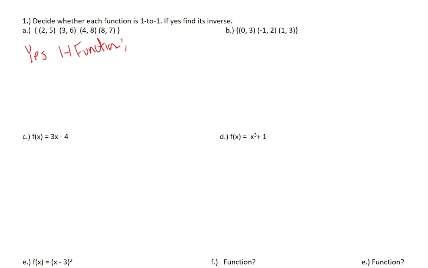To create an inverse, especially with a relation like this, all you have to do is switch the x and the y's. So instead of (2, 5), I now have (5, 2). Instead of (3, 6), I have (6, 3), and so on. And that's all you have to do with coordinate points.